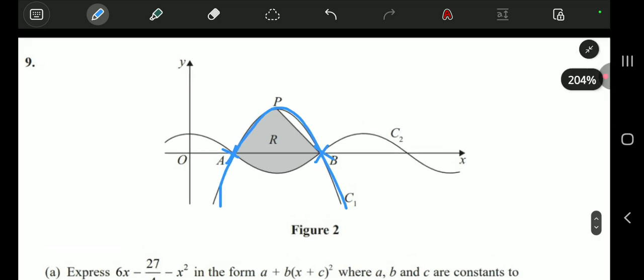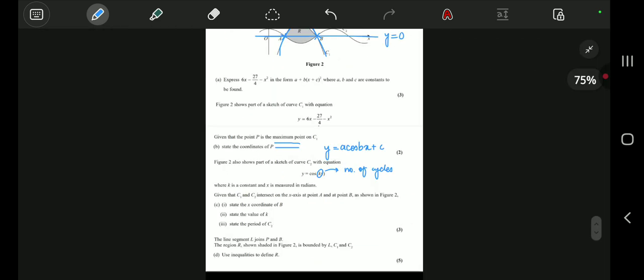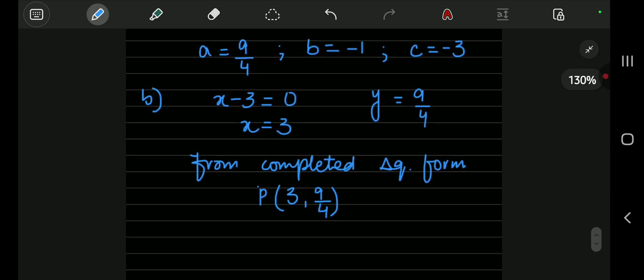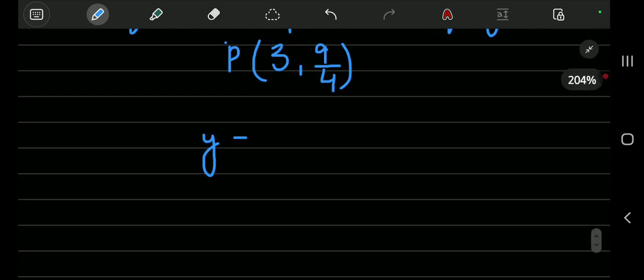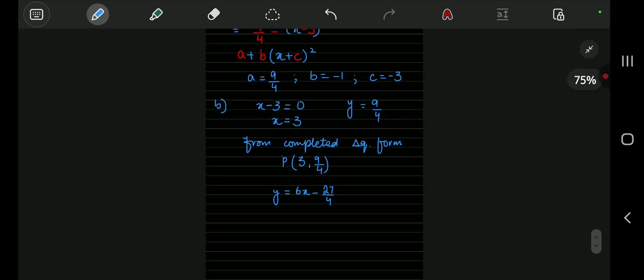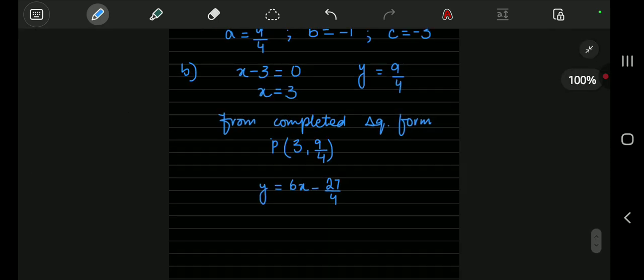At this line y equals 0, so if we put y equals 0 in the equation of the first curve, we will get the A and B coordinates. So we have y equals 6x minus 27/4 minus x square.